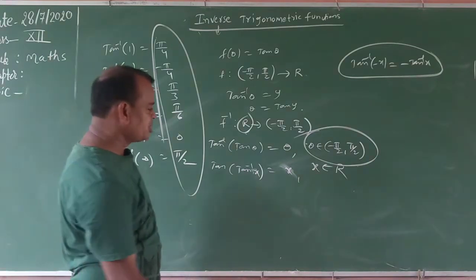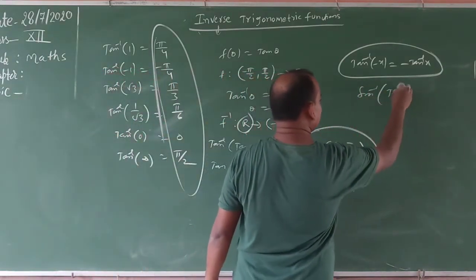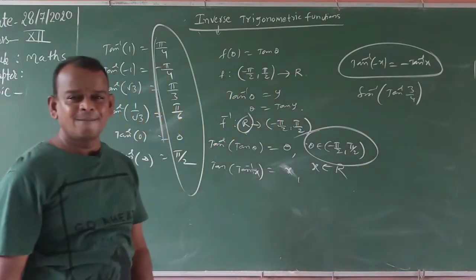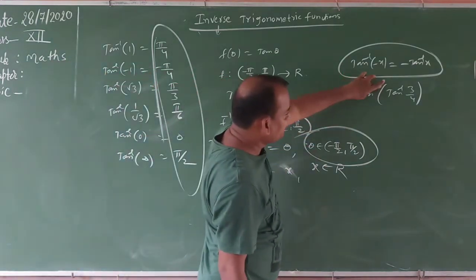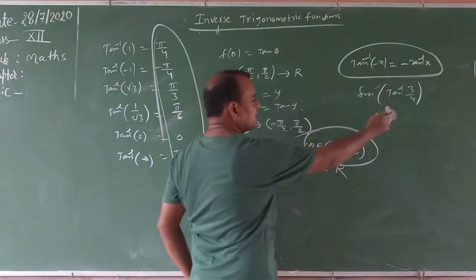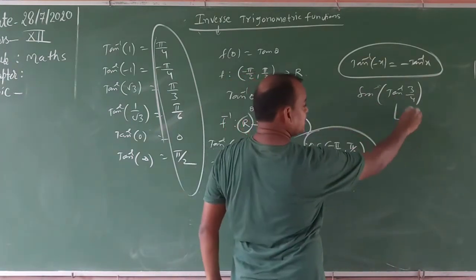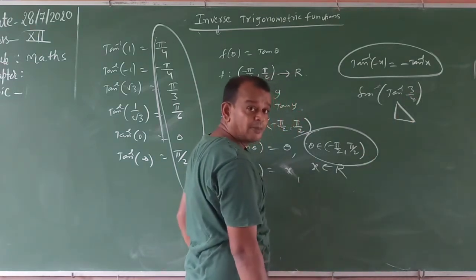For example, in the examination: sine of tan inverse of 3 by 4 is equal to what? Don't confuse. Here the tan must be changed in terms of sine. Take a right angle triangle. The definition of tan is opposite side by adjacent side.